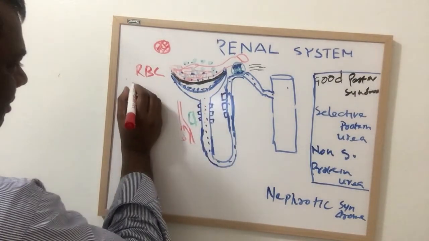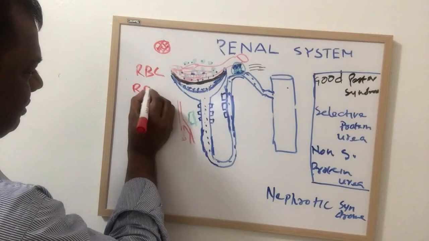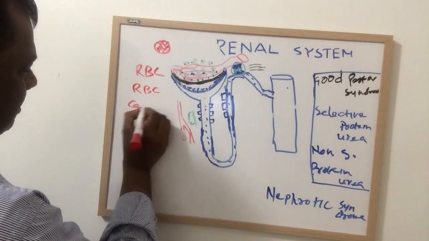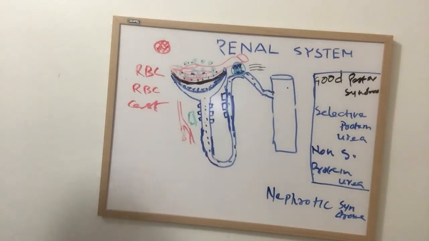This is called RBC cast. Hematuria is coming into it.